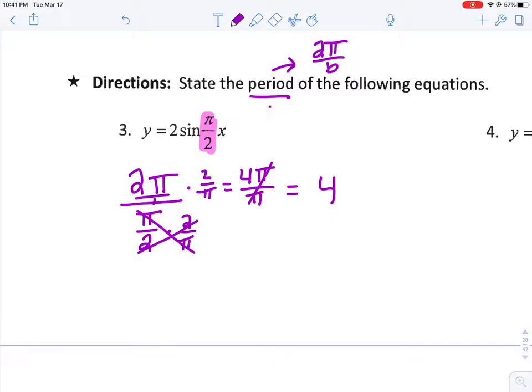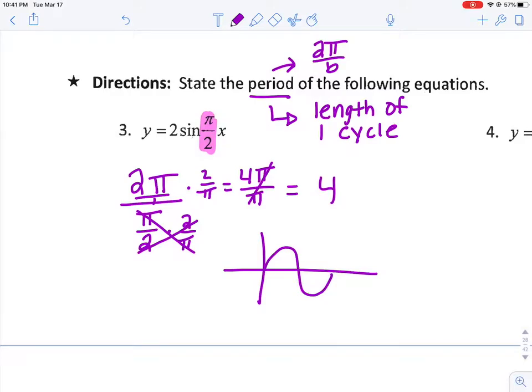I just want to, for a second, recall what our period actually is for these trig functions. My period is my length of one cycle. So if I were to graph this sine function, one cycle would be completed in 4. And since we're going to go into real-world applications, usually our x-axis is set up in some type of time. So let's say that this is for seconds.